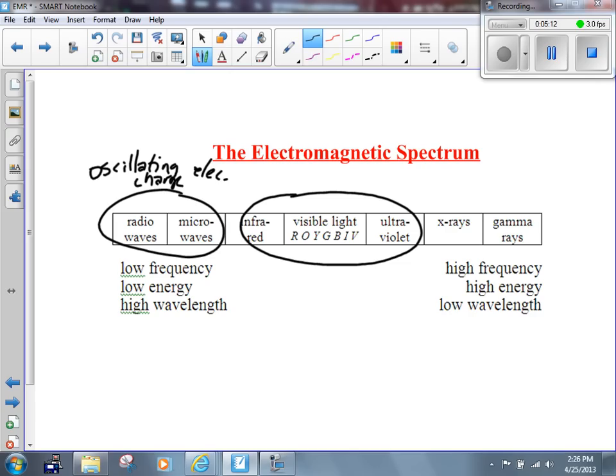So electrons making transitions in the atom from a high level down to a low level. X-rays are produced by rapidly decelerating electrons that are going really, really fast, and then slowing down to a stop really, really quickly.